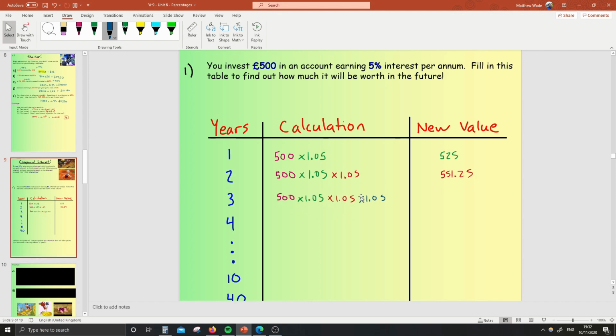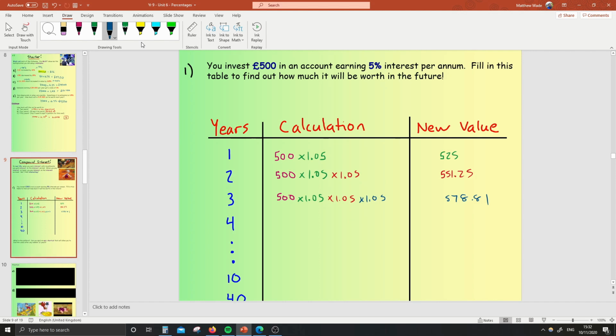You're going to times that by 1.05, and you get that the answer is 578.81. Whew! Well, this pattern is starting to get long and to be a bit of a pain, my lovelies.